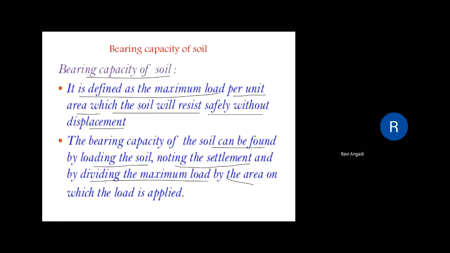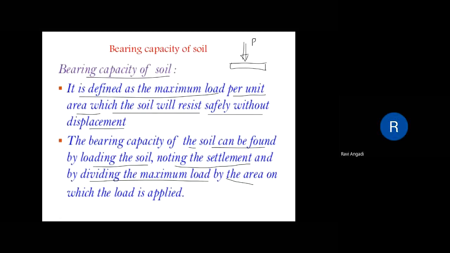Means if you want to calculate the bearing capacity, you have to apply a load, and whatever load you are applying, on whatever area, that load divided by the area gives you the bearing capacity of the soil, or the pressure of the soil. The bearing capacity of the soil can be found by loading the soil, noting the settlement, and dividing the maximum load by the area on which the load is applied.